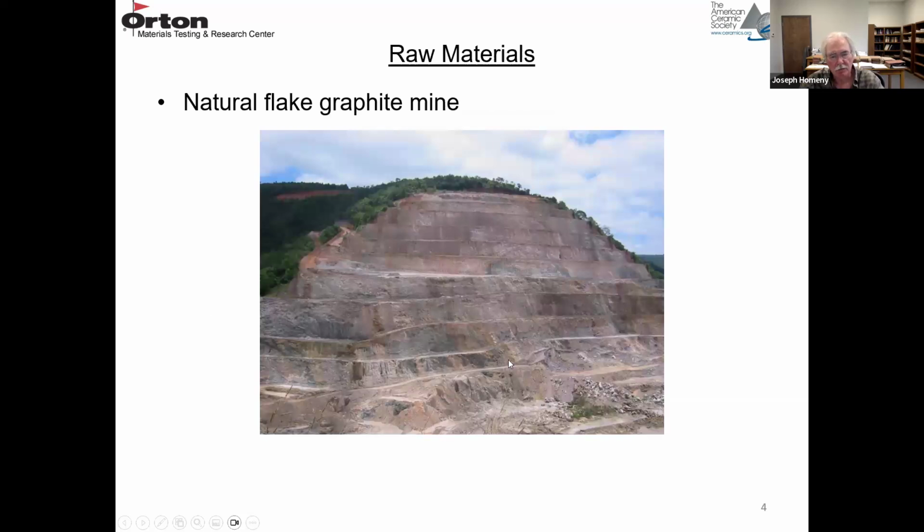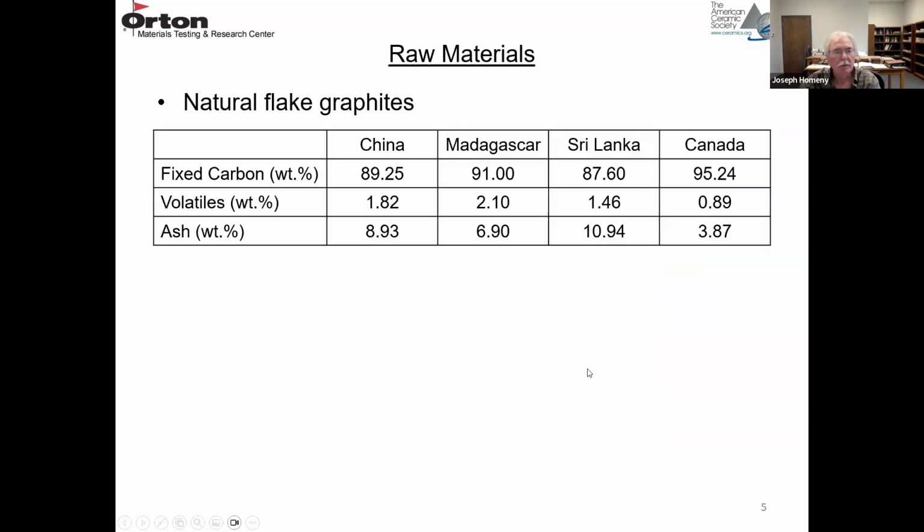This is a natural graphite mine. It's an open pit mine, so it's mined as an open surface. And China, Madagascar, Sri Lanka, and Canada are the main sources of flake graphite.